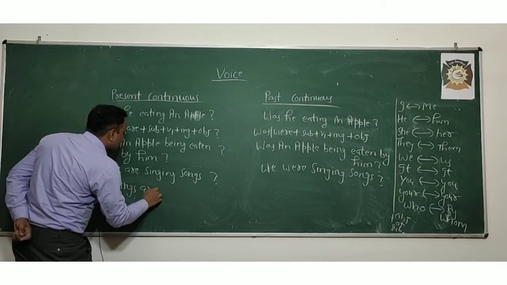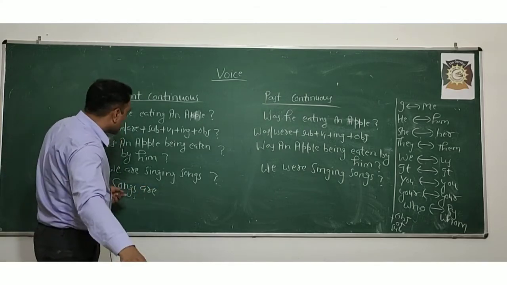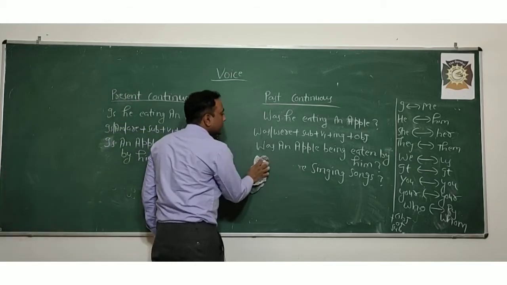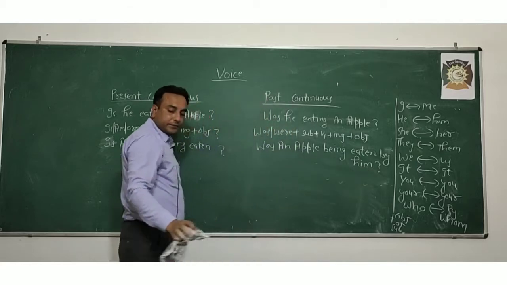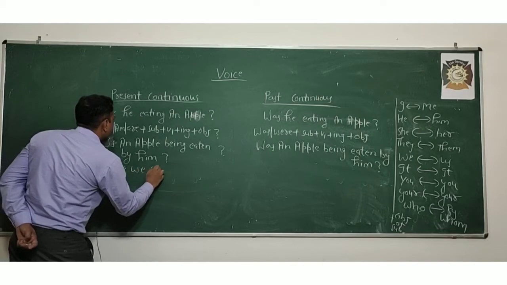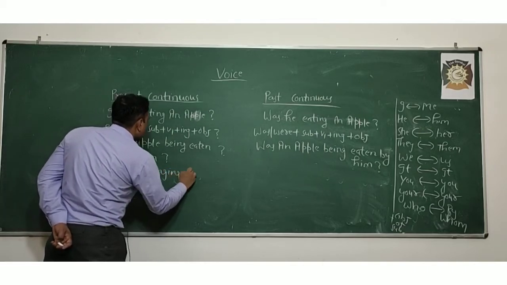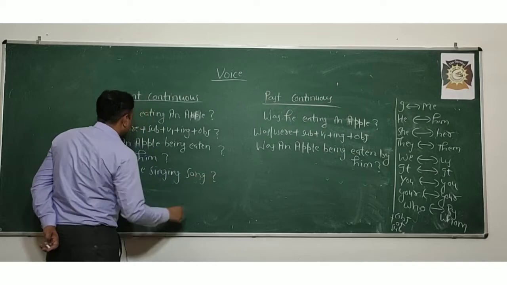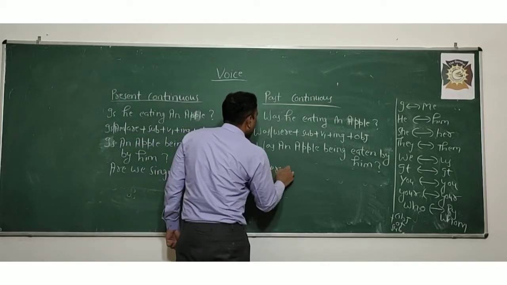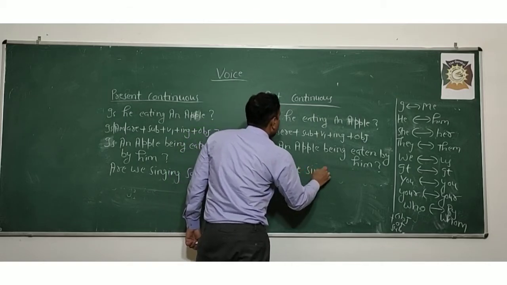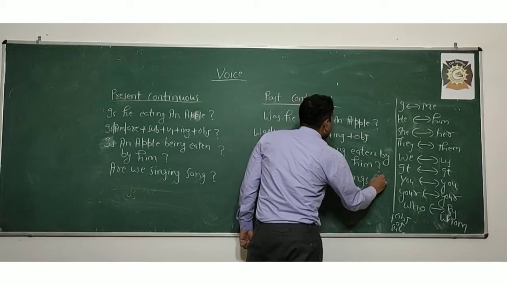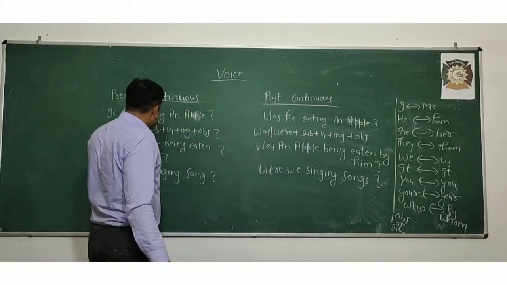Songs are, sorry, this is interrogative, I have written it as a simple sentence. Are we singing songs? Question mark. Are we singing songs? And here, were we singing songs? Were we singing songs? Question mark. How to change?